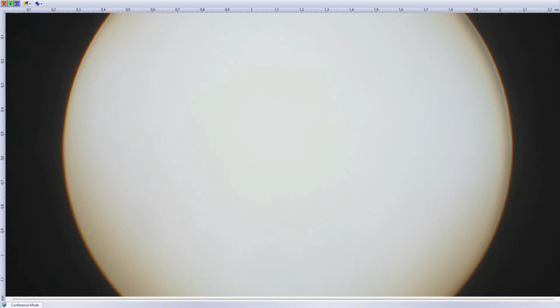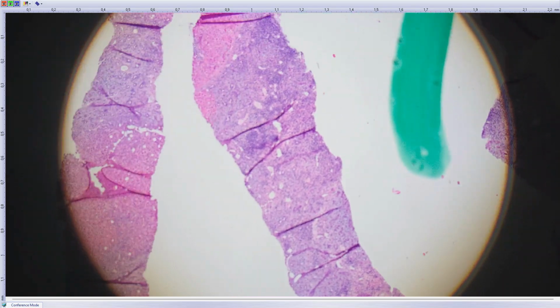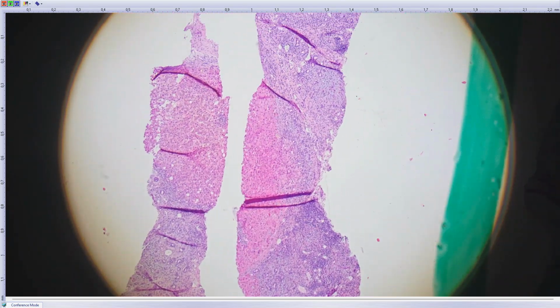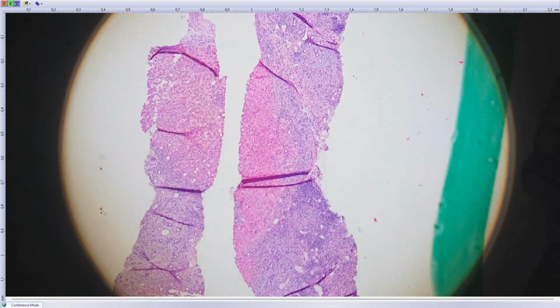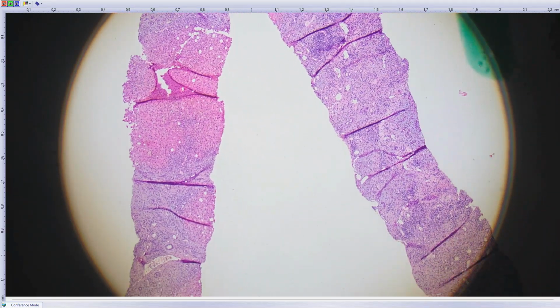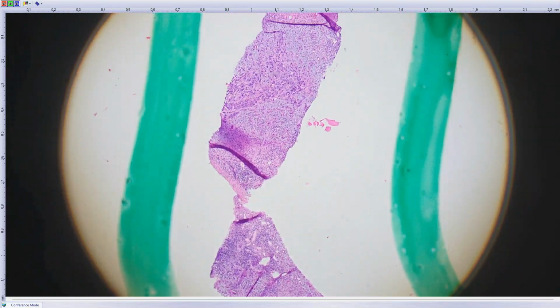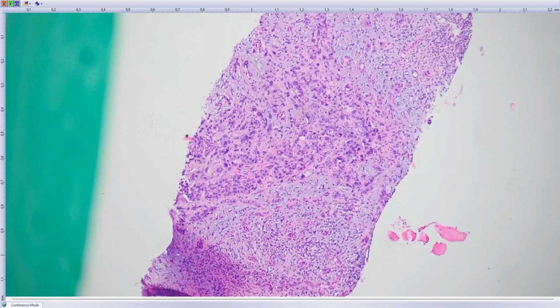Another biopsy was from a patient born 1966, and there were two different biopsies. The first one was a biopsy of the liver. And here we can see the liver parenchyma, where there is fibrosis, almost cirrhosis, and there is some neoplastic lesion.